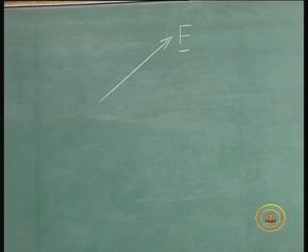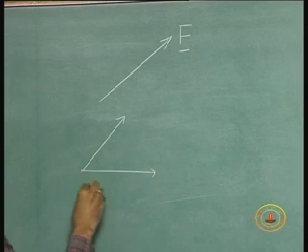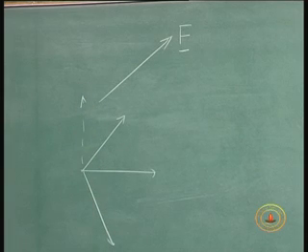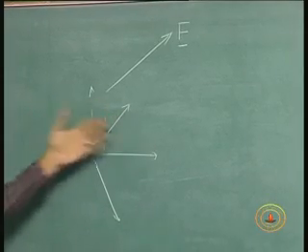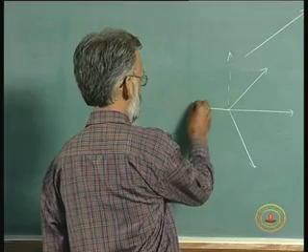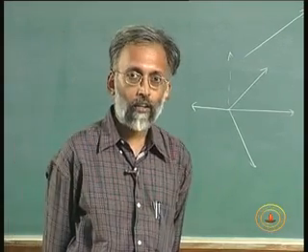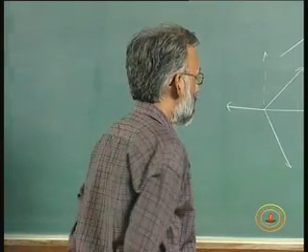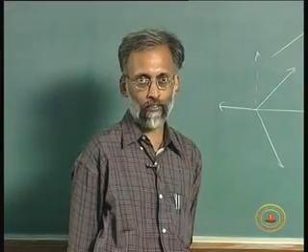Now, if I have 3-dimensional space, I can imagine drawing many different vectors in it. There can be vectors coming out of the board, there can be vectors going into the board, to the left and to the right. One of the standard results of vector spaces, which you would have learnt in your maths courses, is that for 3-dimensional space you can have only 3 independent vectors.